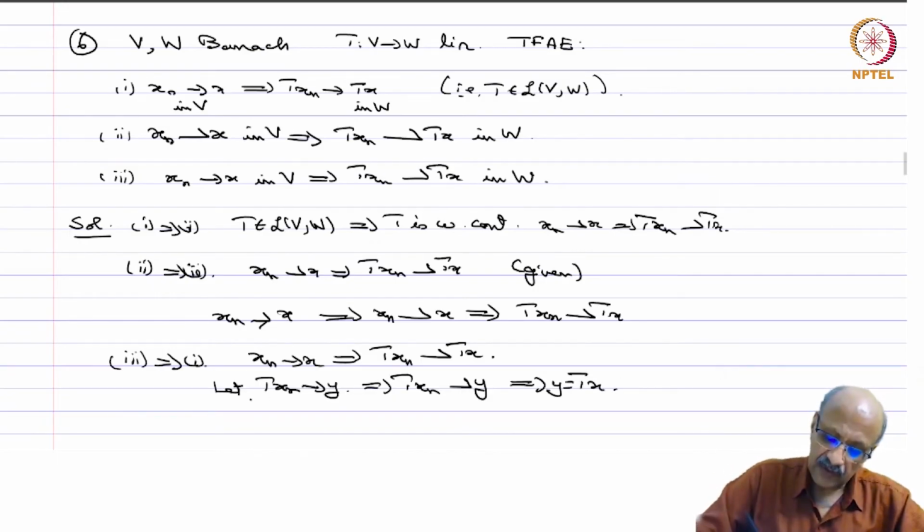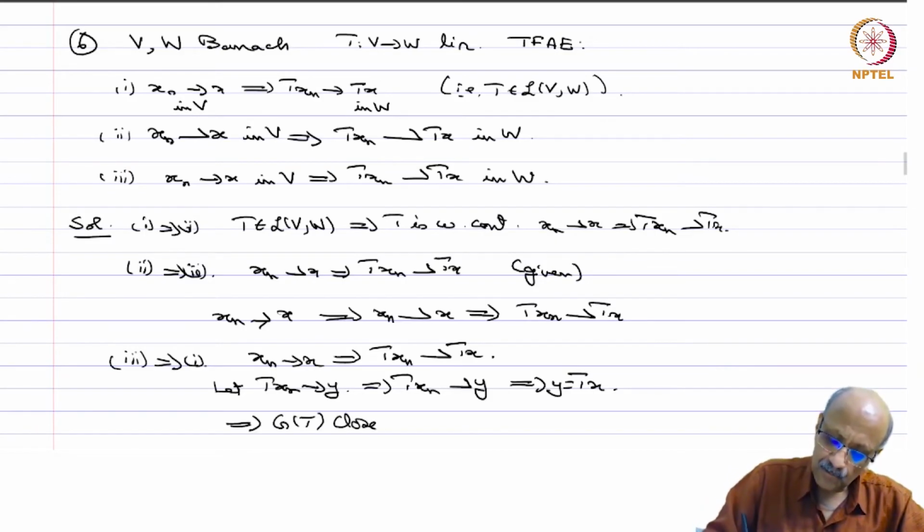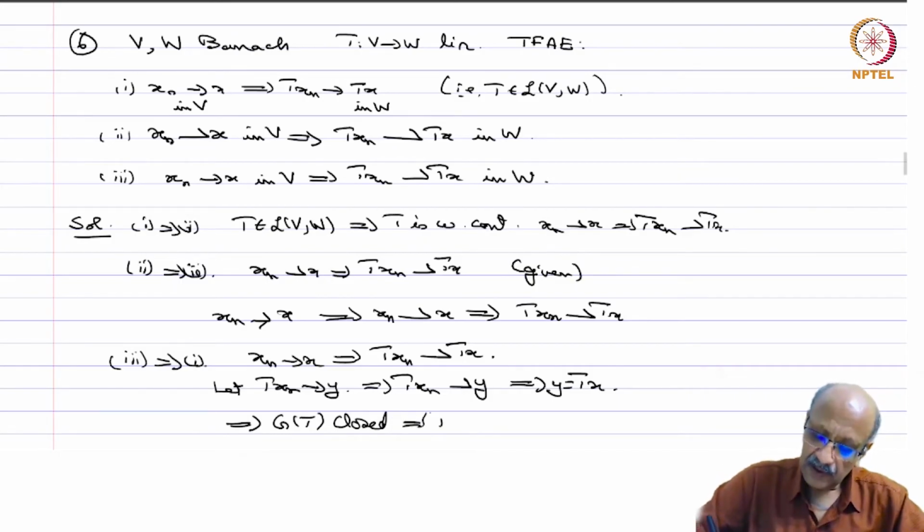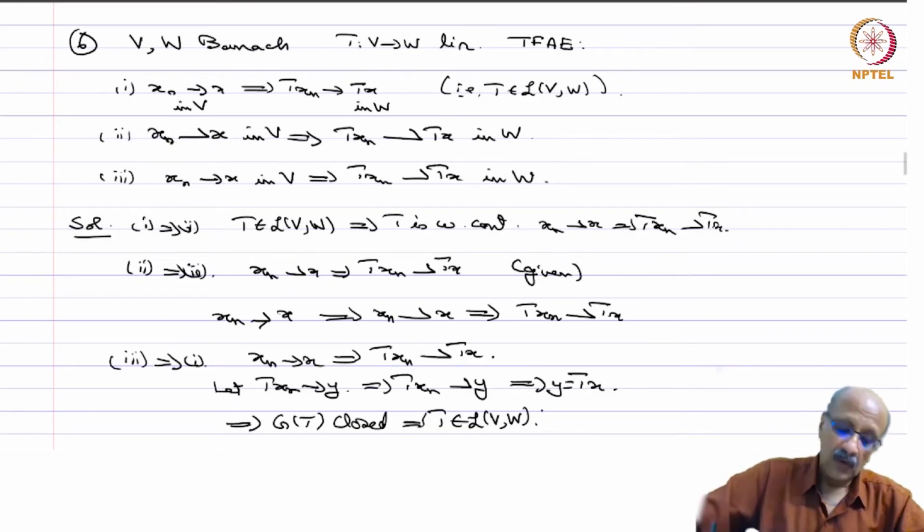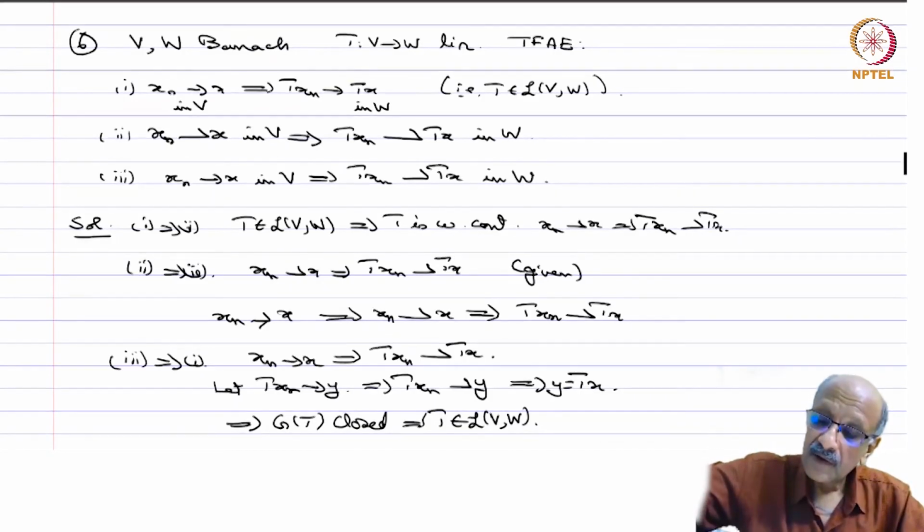So Xn converges to X, Txn converges to Y implies Y equals Tx. So that means the graph of T is closed, implies T belongs to L(V,W). So all the three are equivalent.